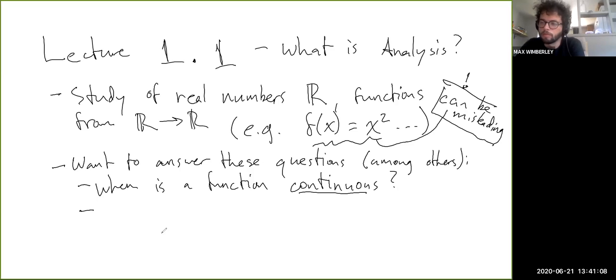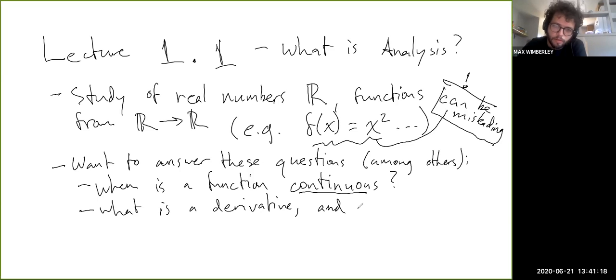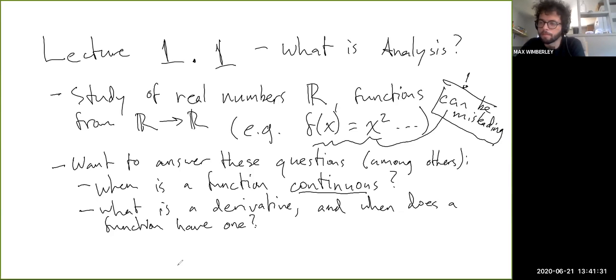Another major goal would be to answer the question, what is a derivative, and when does a function have one? You've almost certainly all encountered derivatives before.